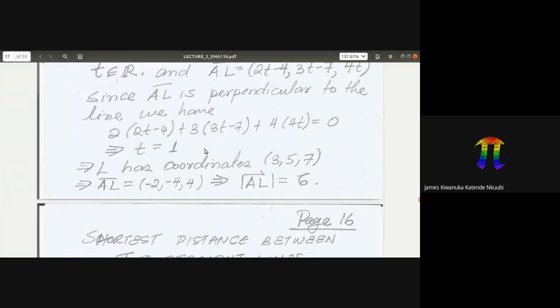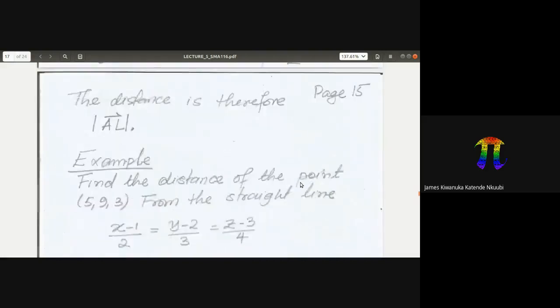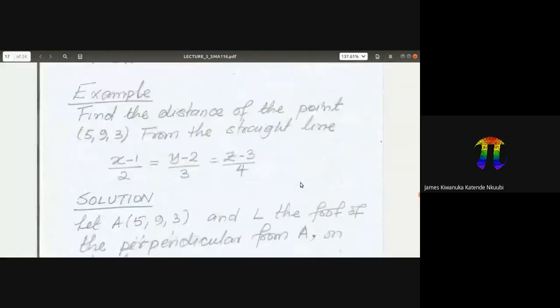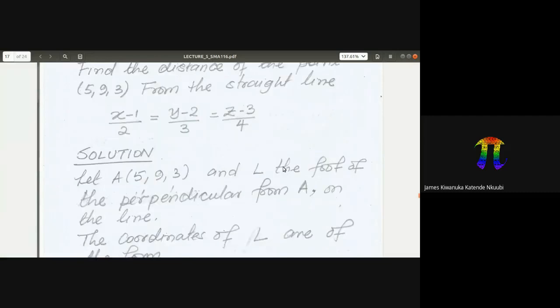You know how to compute the magnitude of a vector, so I think this should not be a problem. That's why I've left out the details. You should get 6. So that means the distance from the point (5, 9, 3) to this line is 6.